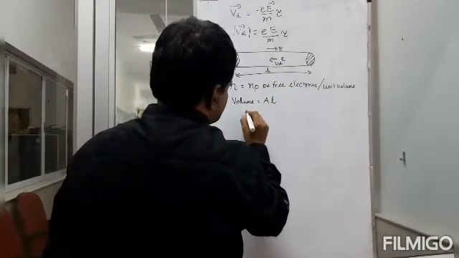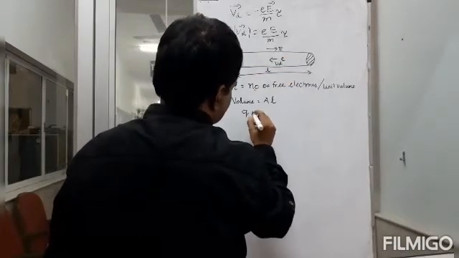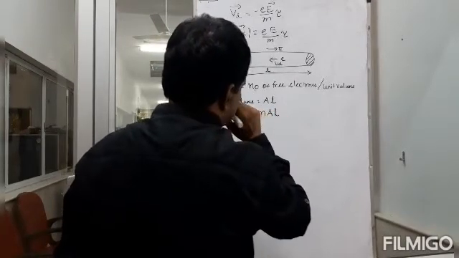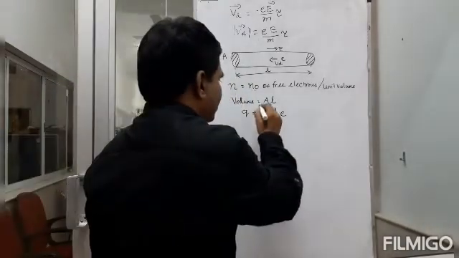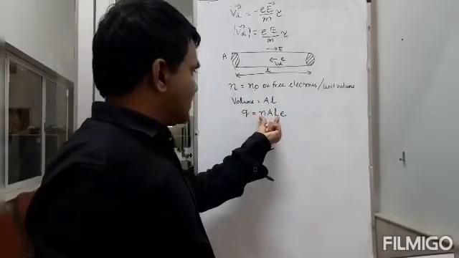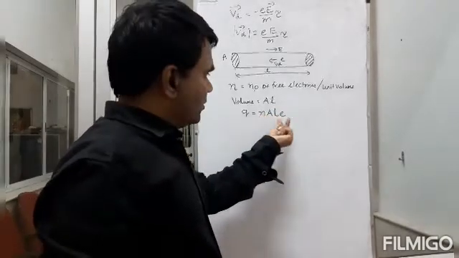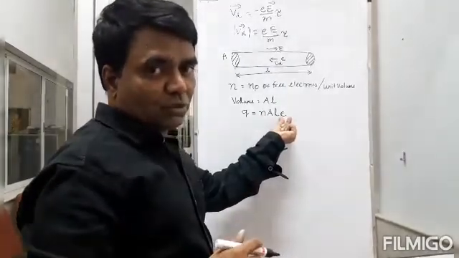Okay, the charge contained in this is equal to n A L e. Here n times AL is the number of electrons, and e is the value of the charge.